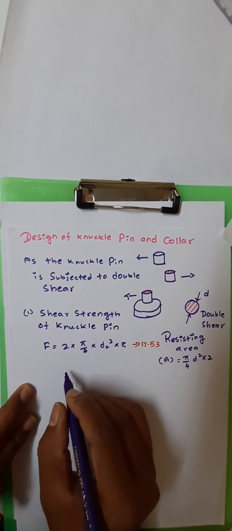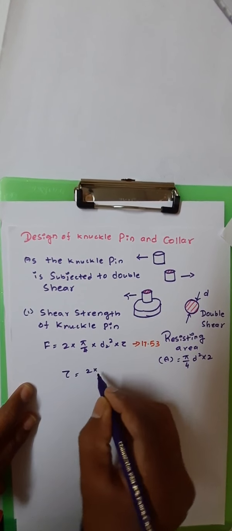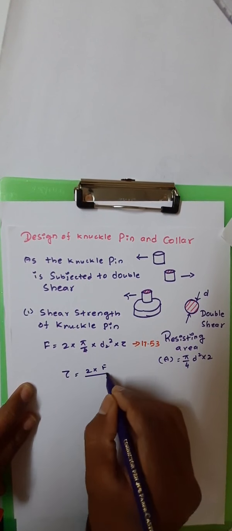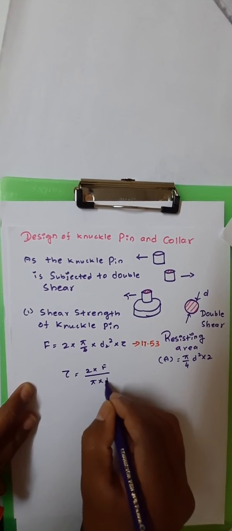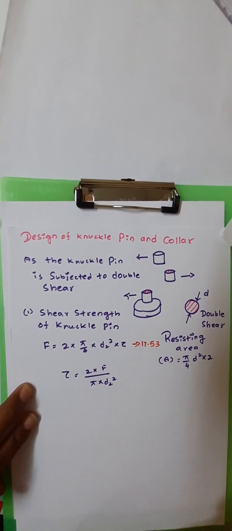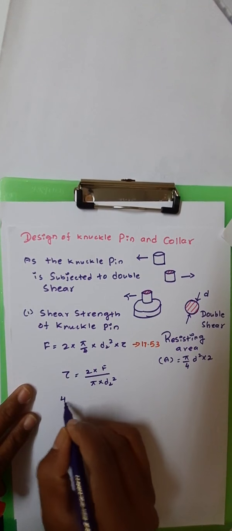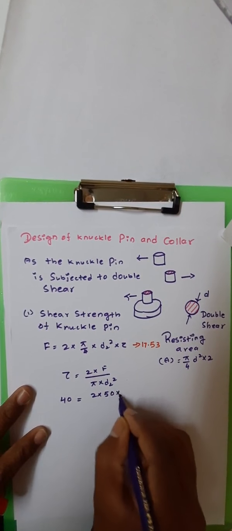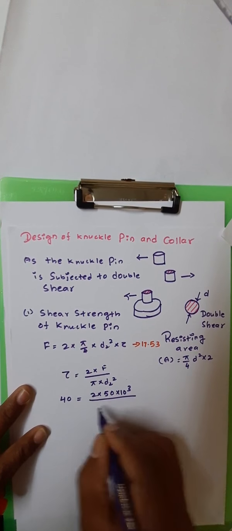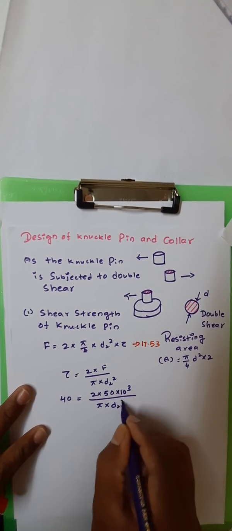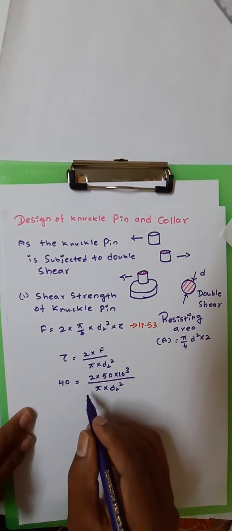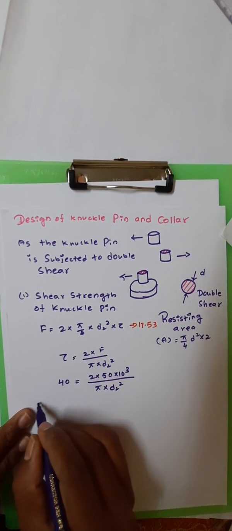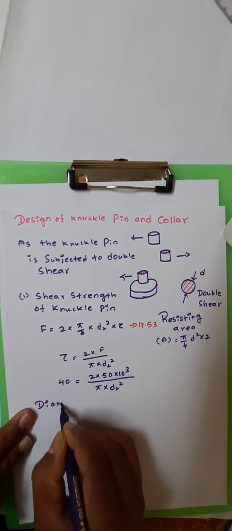If you substitute all the values, we can also write tau is equal to 2 into F divided by pi into d2 square. We know the value of tau, 40, and 2 into F, that is 50 into 10 to the power 3, divided by pi into d2 square. If we simplify that, we get the diameter of the knuckle pin, d2, which is subjected to double shear.